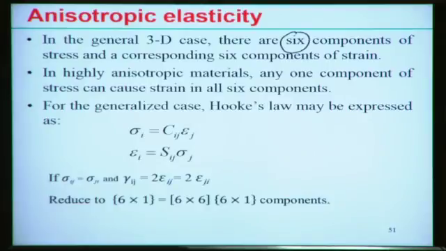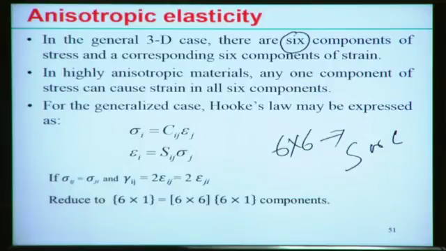Looking into the symmetric nature of the stress tensor or strain tensor. So when there is a component of the 6, we can introduce that 6 by 6 matrix of constant terms, either compliances or stiffness, that means either S or C in this case.